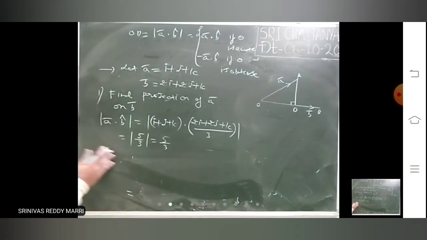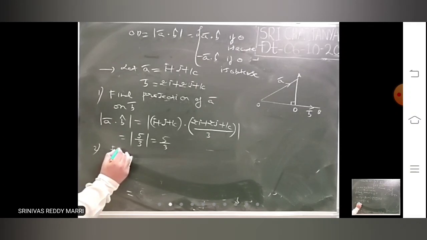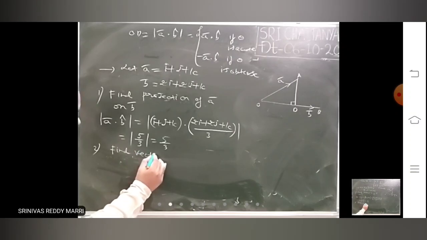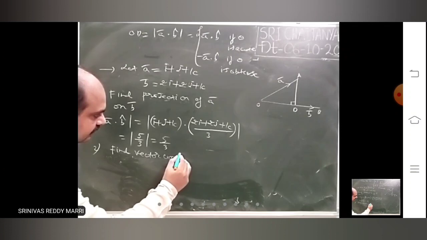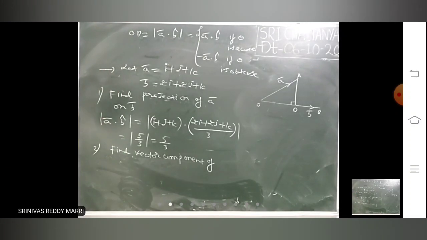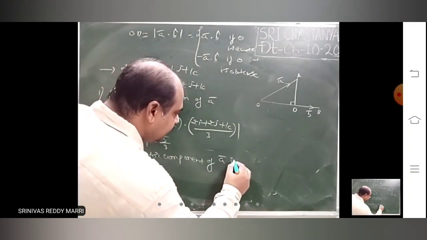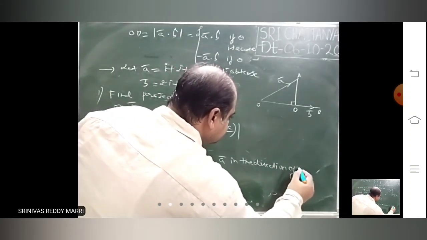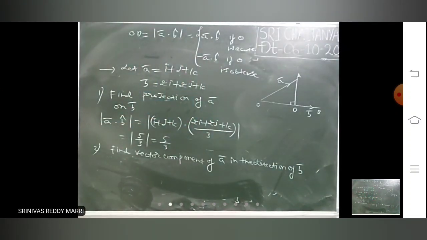Now look at. Suppose second question. He will ask like this. Find vector component of A bar in the direction of B bar.